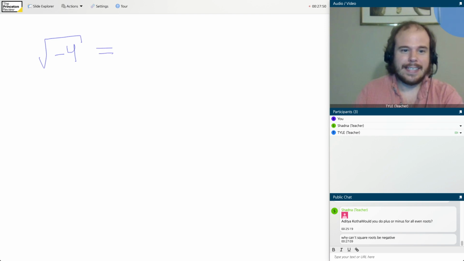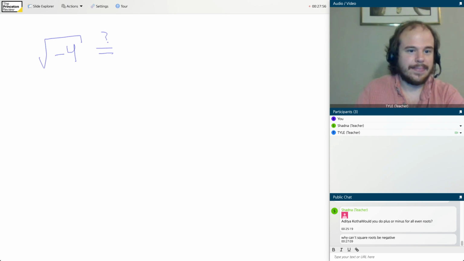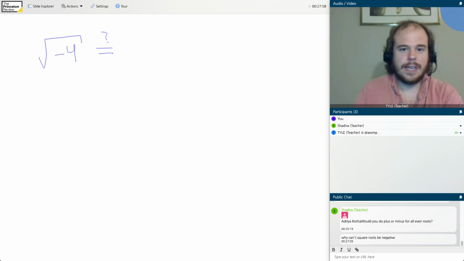Well, let's see. Does it equal 2? If we try, I'll switch to a different color. What if we try 2 times 2? Well, that's 4, not negative 4, and we need to get negative 4. What about if we try negative 2 times negative 2? Could this work as the square root of minus 4? Ah, two negatives multiply to a positive, so this is still positive 4.